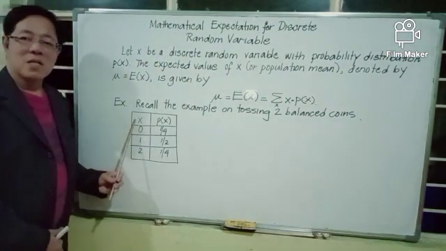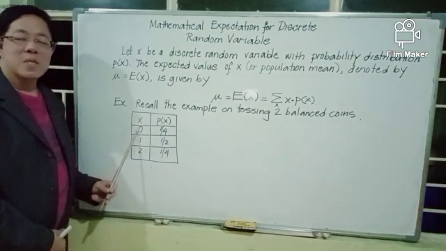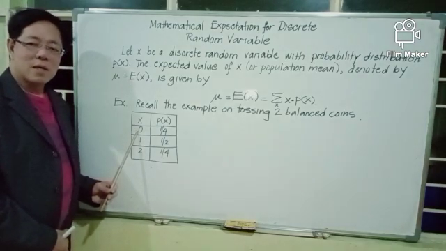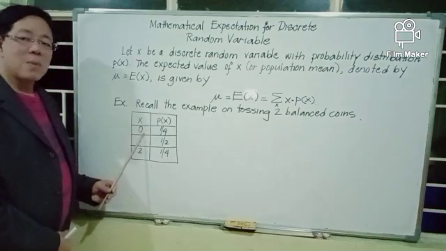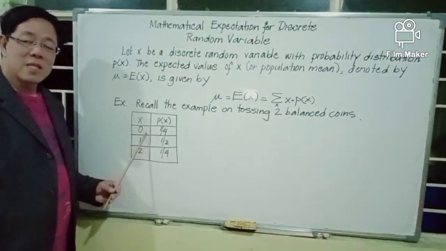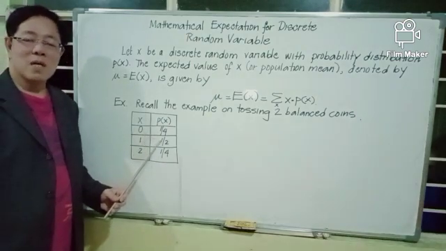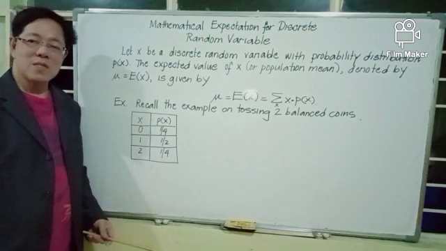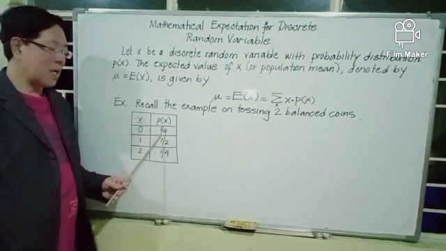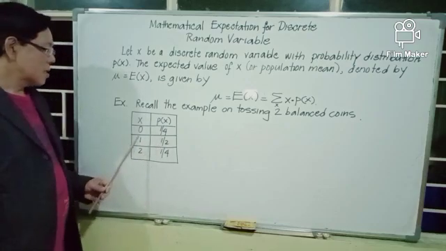The possible values of x are 0, that is, you get no head when you toss two balanced coins, and the probability that x is 0 is 1/4. The event where x is 0 is getting tail in the first coin and tail in the second coin, and the probability of that event is 1/4.